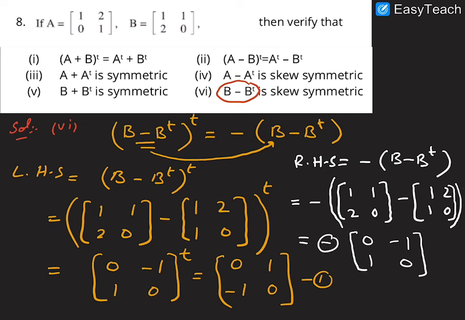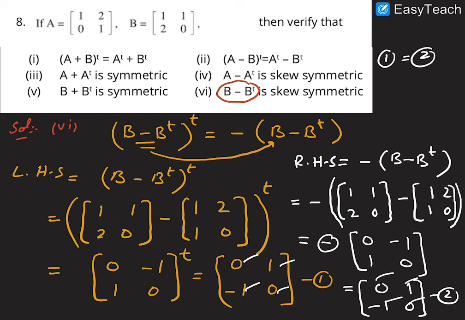Now this minus sign will change the sign of all the elements inside the matrix. So 0, it will be plus 1, minus 1 and 0, which is same as equation 1. You can see 0 1 minus 1 and 0. So 1 equals to 2. It means B minus B transpose is skew symmetric.